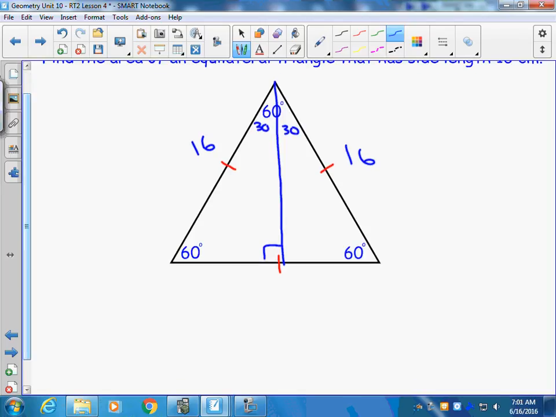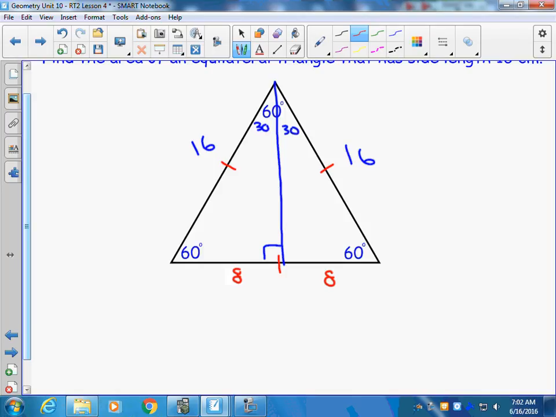Okay, so we've got 16 for our hypotenuse, and when we cut this side length in half, we cut it into an 8 and an 8 for the 2 bottom legs of the separate triangles.